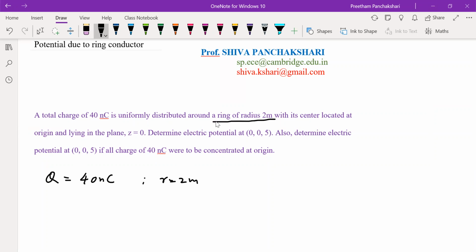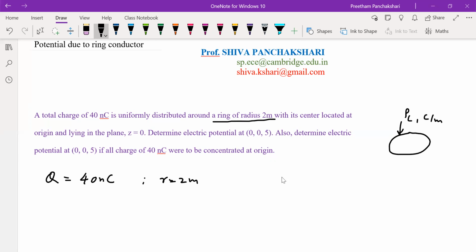That means the ring is a line charge. A ring can be treated as a line charge of density rho L coulomb per meter. It's usually good practice to give the line charge density for a line charge, but here the total charge is given.